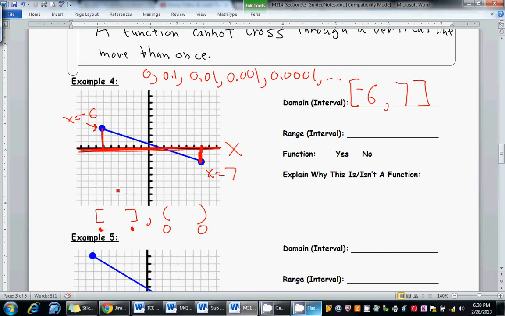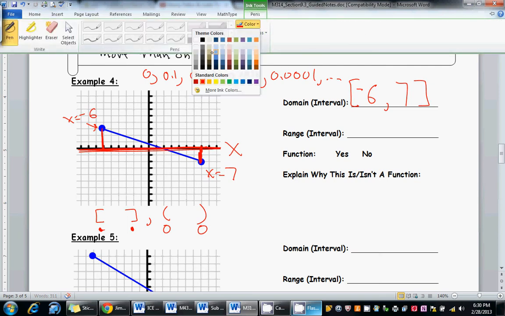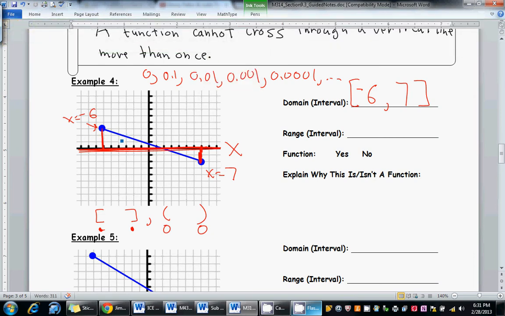Let's do the same thing for range. Remember, range is my y's. So my y-axis goes up and down. I'm going to do the same thing. What's the smallest y value on this graph? So here's my y-axis.